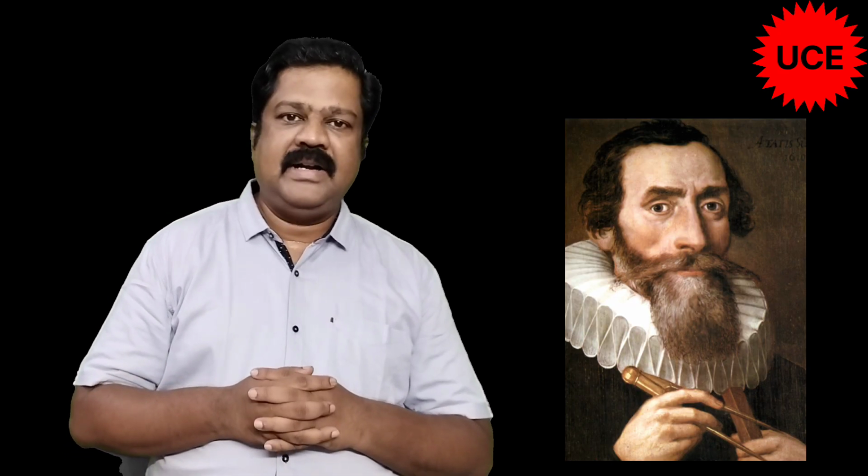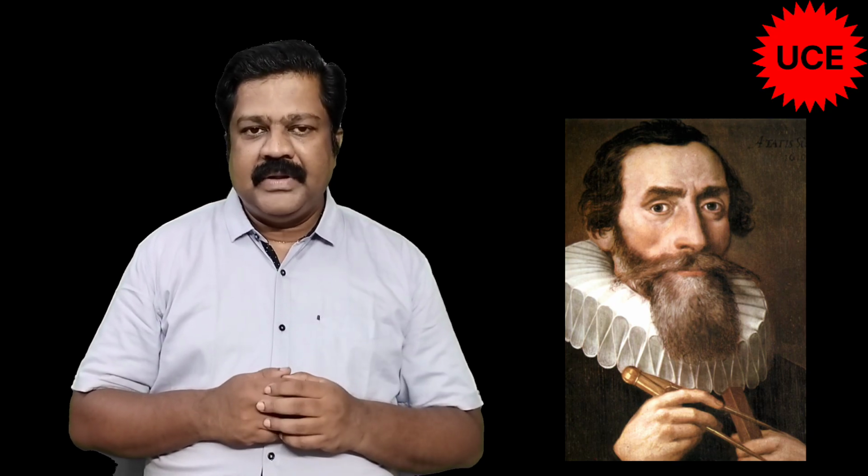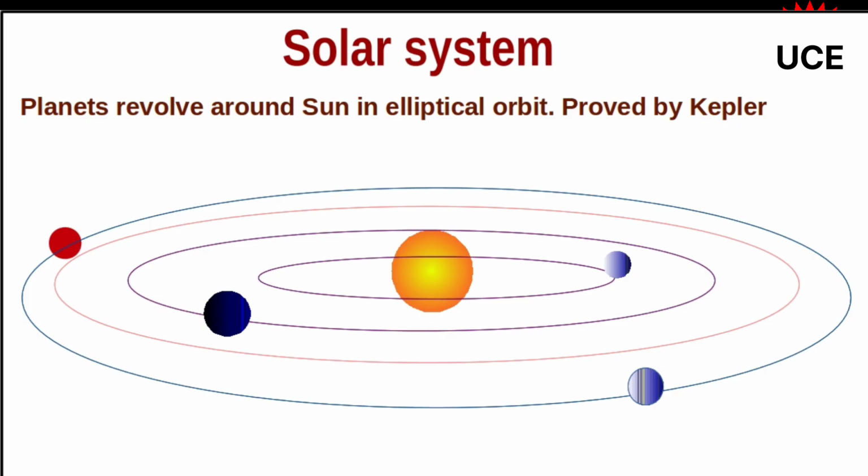Copernicus was saying that planets are revolving around the Sun in a circular orbit, which was corrected later by another great scientist named Kepler. Kepler said planets are revolving around the Sun, it is true, but they are not revolving in a circular orbit.